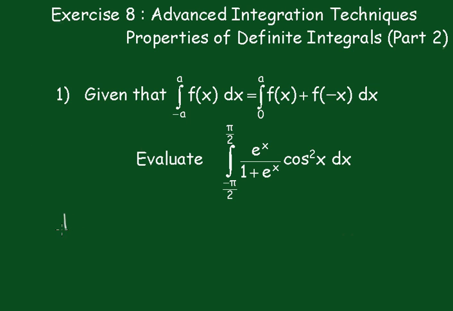Right, now I would be equal to the integral between pi upon 2 and 0 of e to the x over 1 plus e to the x cos squared x plus e to the minus x over 1 plus e to the minus x cos of minus x squared dx.